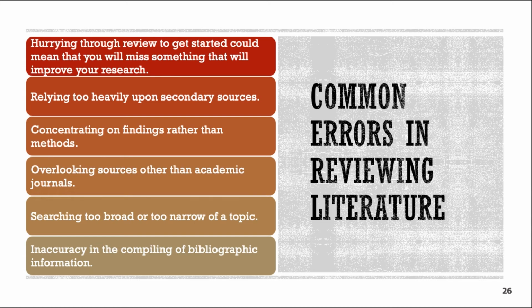You don't do your own review. Primary sources means that you yourself go to the article, read it, and discuss it. Secondary sources means that someone has done a review of several studies and published it. So you just go based on that.